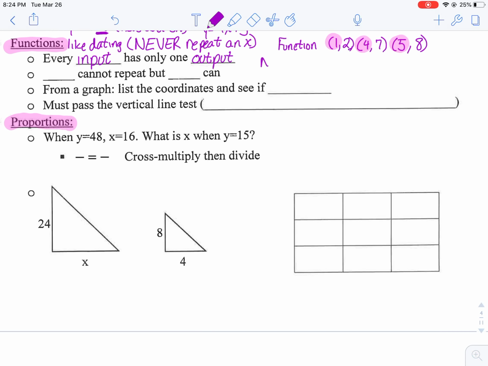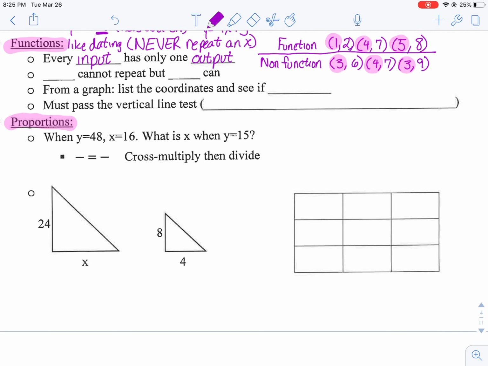But when I deal with a non-function, I get something like 3, 6, 4, 7, 3, 9, 3, 4, 3. That makes that not a function.